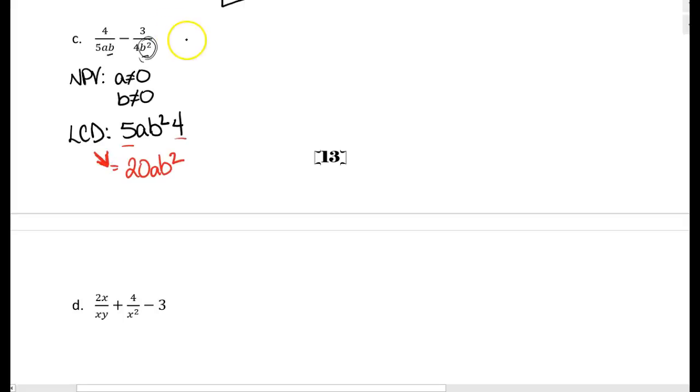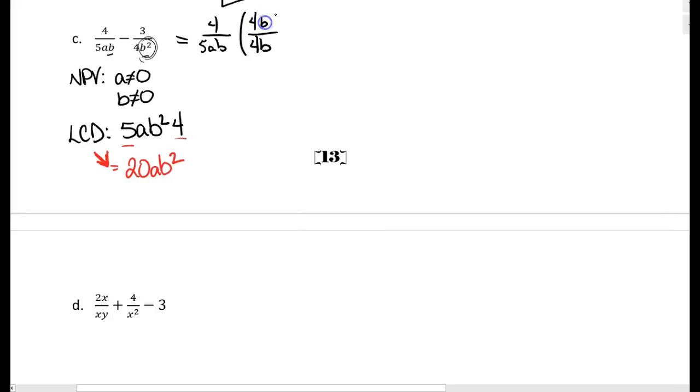So I'm going to show all my work for this one. 5ab needs to be converted to 20ab squared. So we need to multiply by 4. So 5ab needs to be multiplied by 4b to make sure that I get to achieve this. That was what's missing from our original denominator.